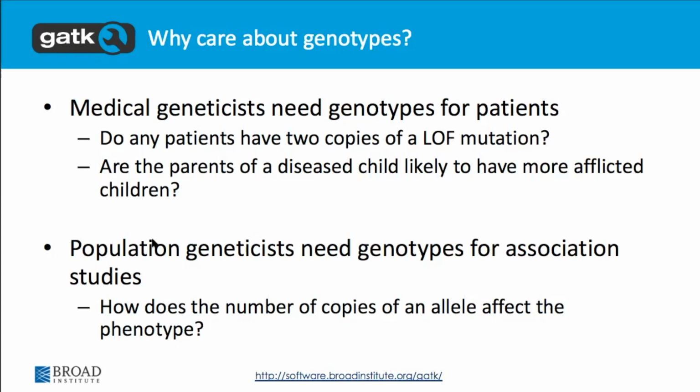If you're heterozygous and you have only one copy of the loss of function mutation, you may still have a functional allele of your gene, and so you may be less affected by whatever problem is caused by losing function in this gene. But if you have both copies affected, you may have much more severe problems.